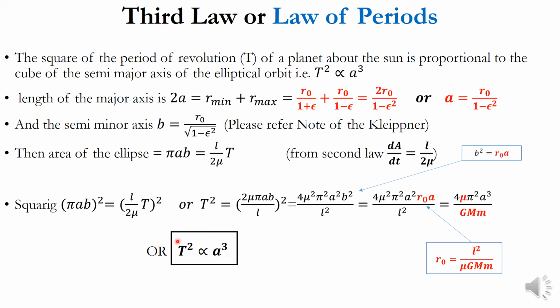So this is the third law, or law of periods. The square of the period of revolution is proportional to the cube of the semi-major axis of the elliptical orbit.